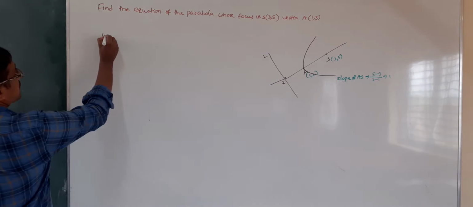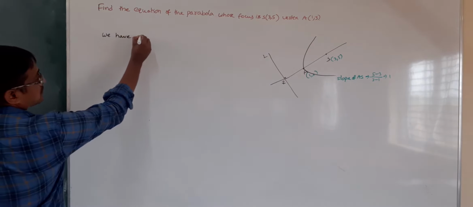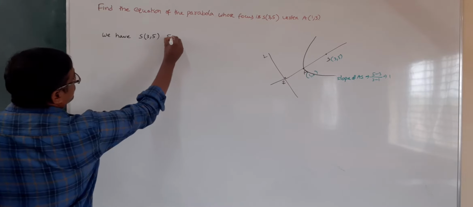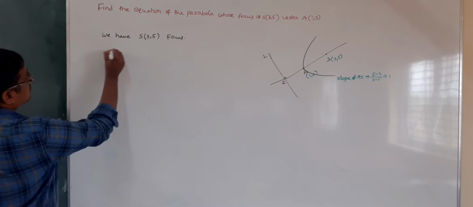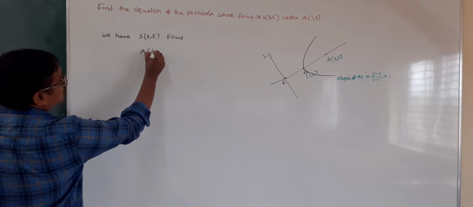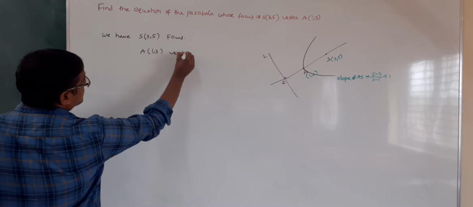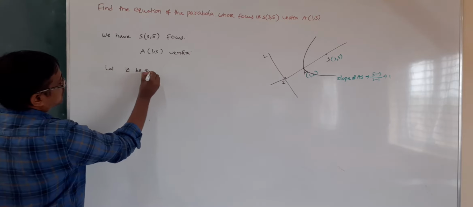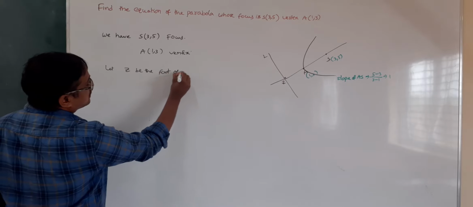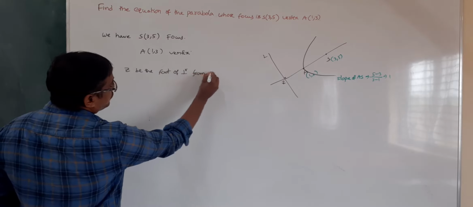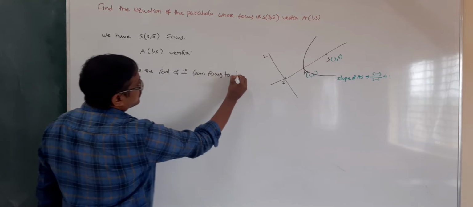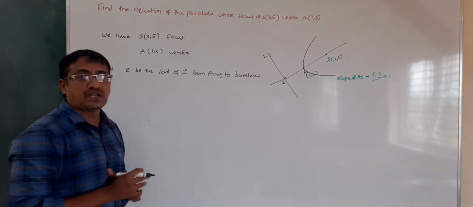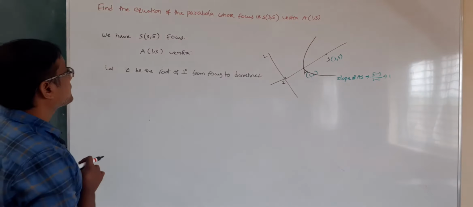So we have focus S (3, 5) and capital A (1, 3) as vertex.